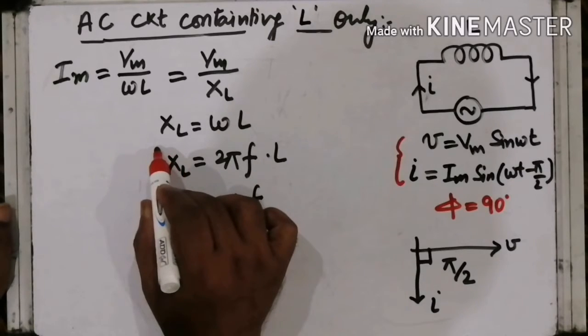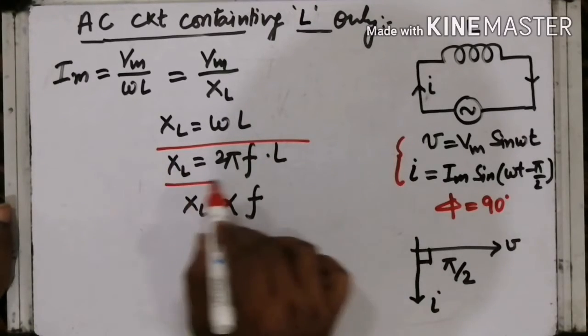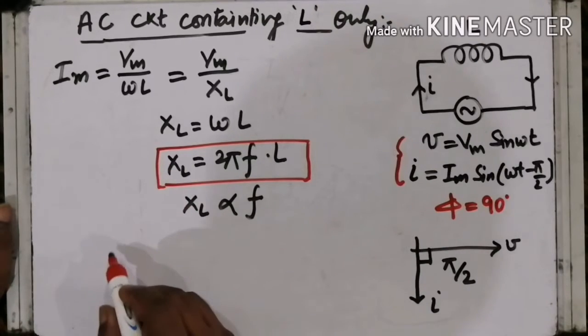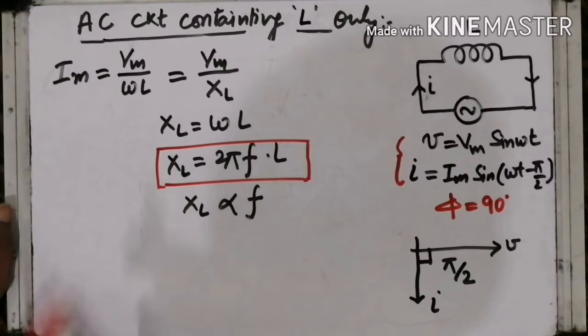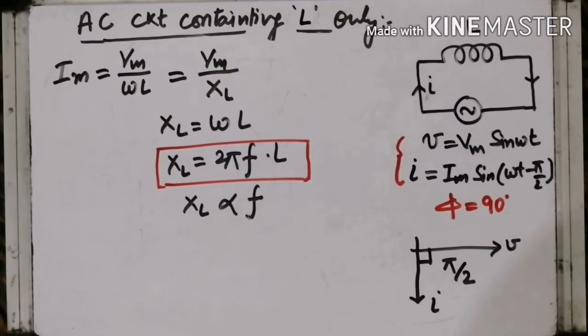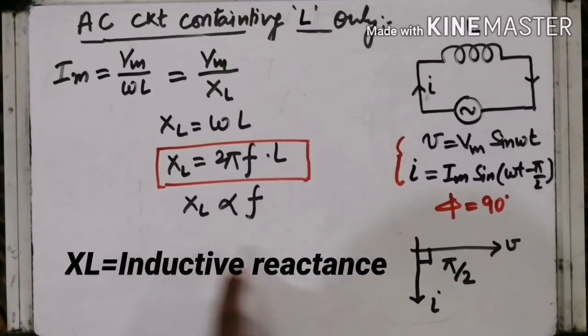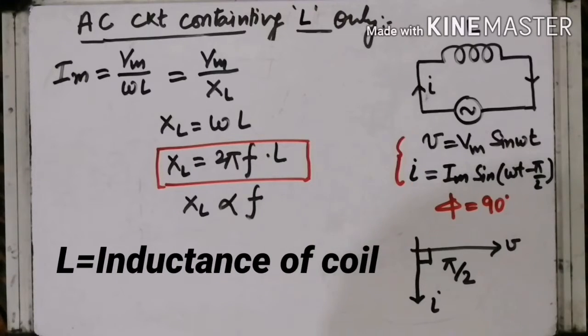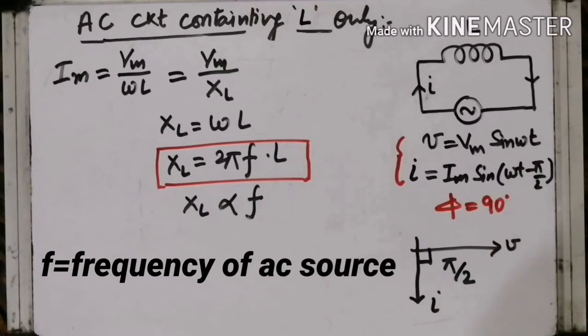So this is the formula for XL. What is XL? XL is the inductive reactance. L is the inductance. f is the frequency of the AC source.